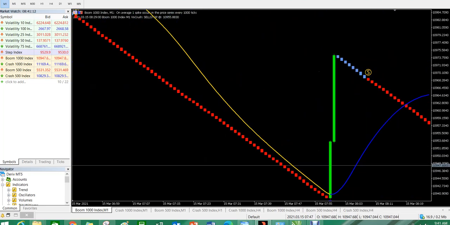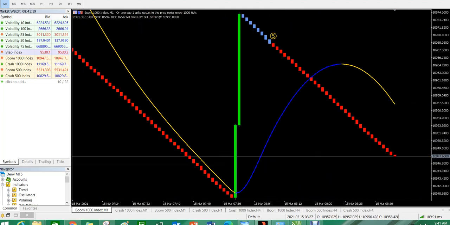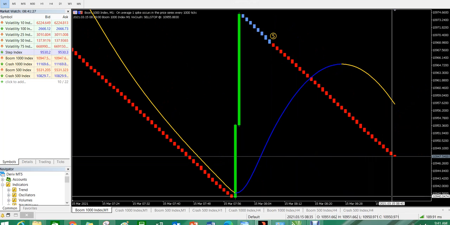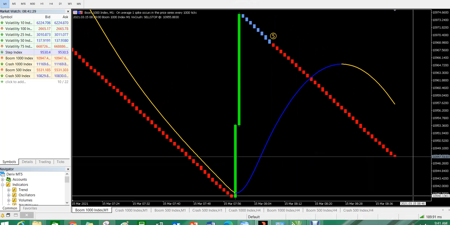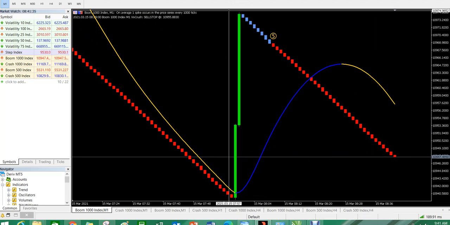But right now it has gone on a downtrend, and after getting to this support level, it went on an uptrend, and this time around it is going on a downtrend again. So we expect it to start going back on an uptrend somewhere here. If you had the signal indicator or any of these indicators this morning, then I expect you to have milked the market successfully using this strategy.